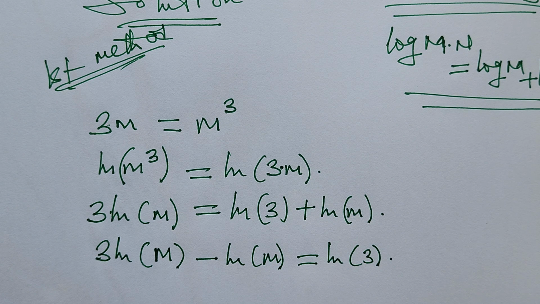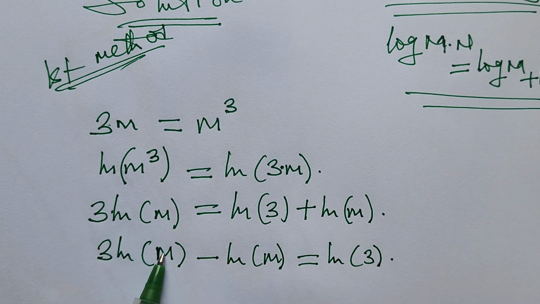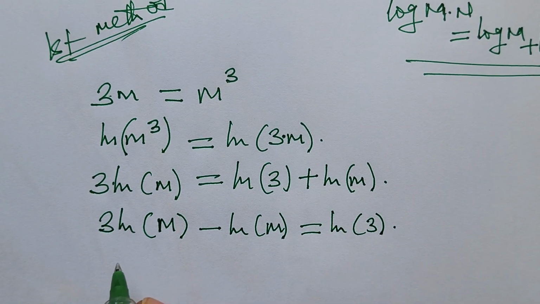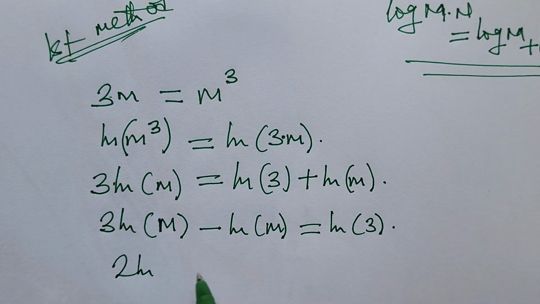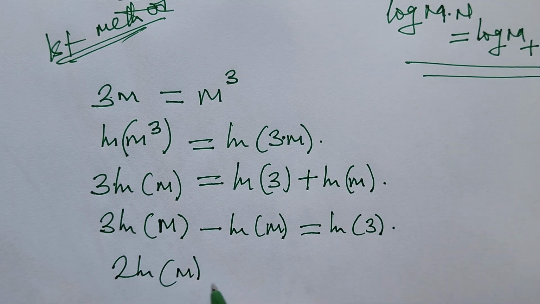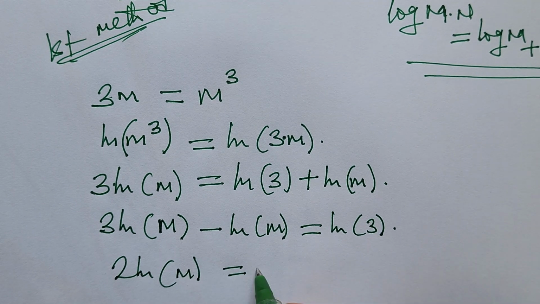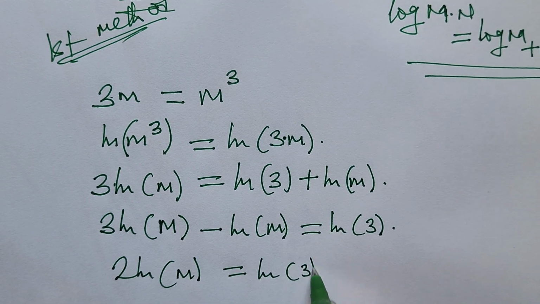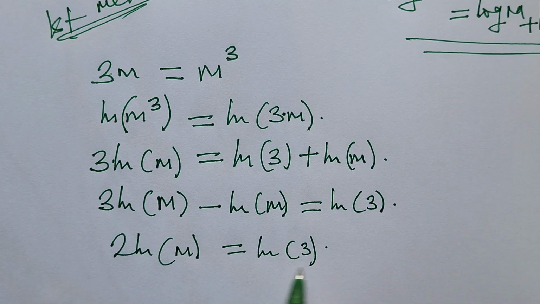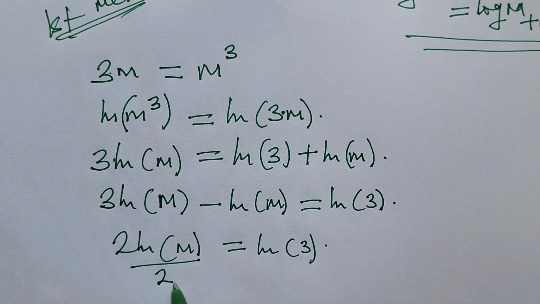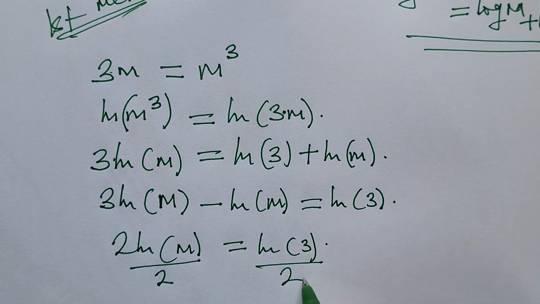Good. So what we do next here now, we can do our simple subtraction here, right? So if we subtract this from this, we are left with 2 ln of m, bracket, equal to ln of 3. Those are brackets. Divide both sides by 2. So we have here, divide by 2, we divide this by 2.